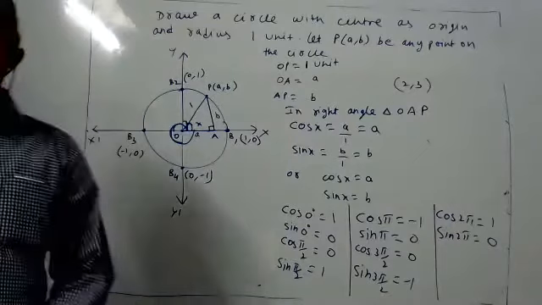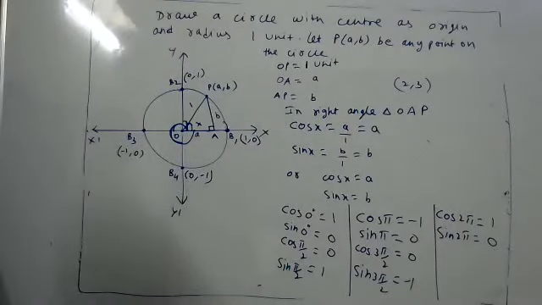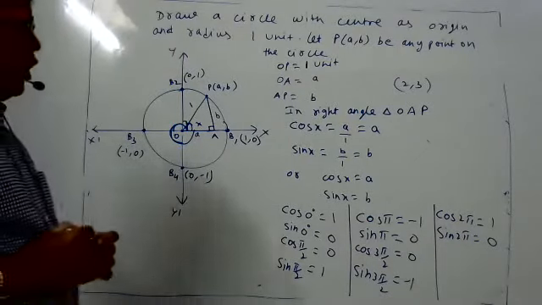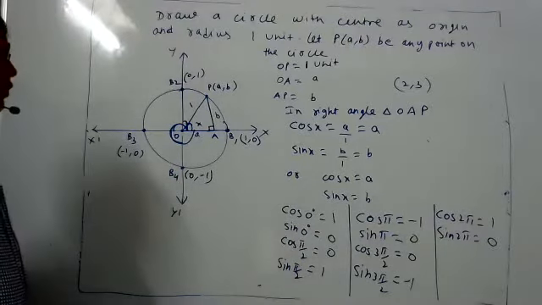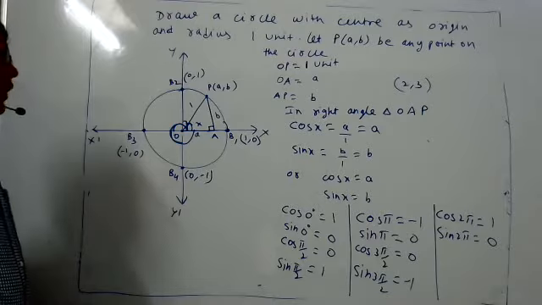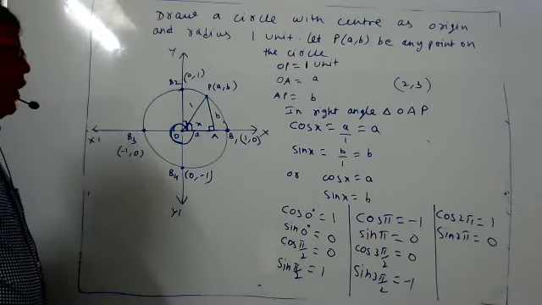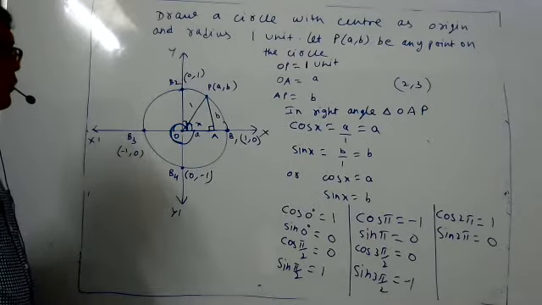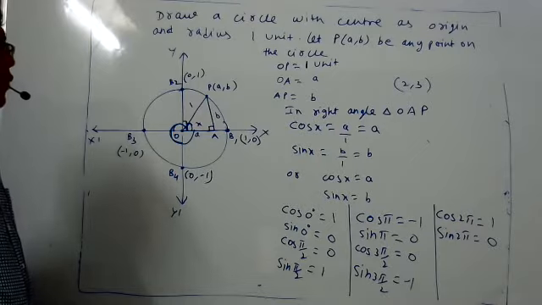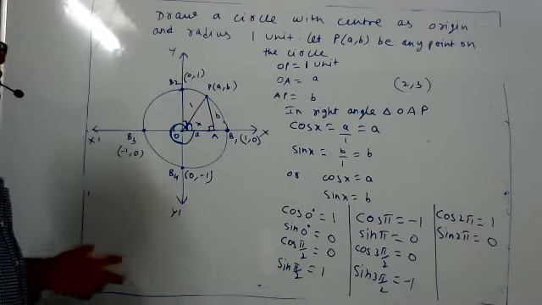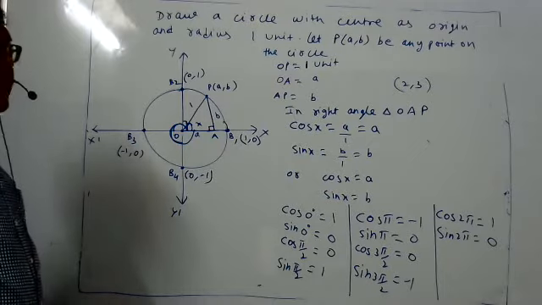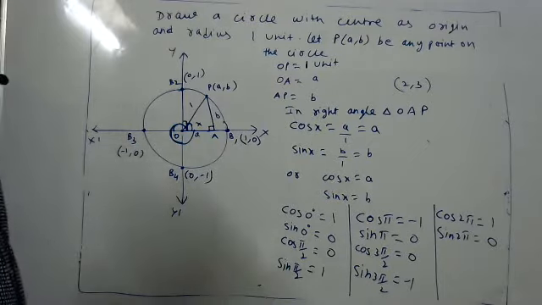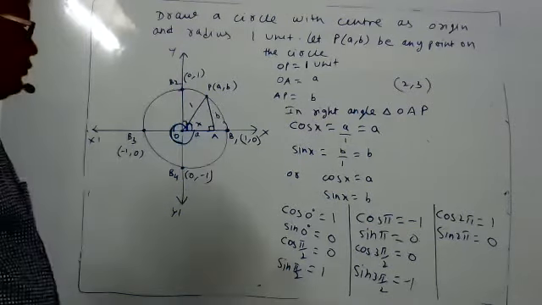Write this value and understand. Even if you don't understand, at least learn these values: cos pi is -1, sin pi is 0, cos 3 pi by 2 is 0, sin 3 pi by 2 is -1, cos 2 pi is 1, sin 2 pi is 0. You have to remember that always x coordinate is cos theta and y coordinate is sin theta, so you will get these answers.